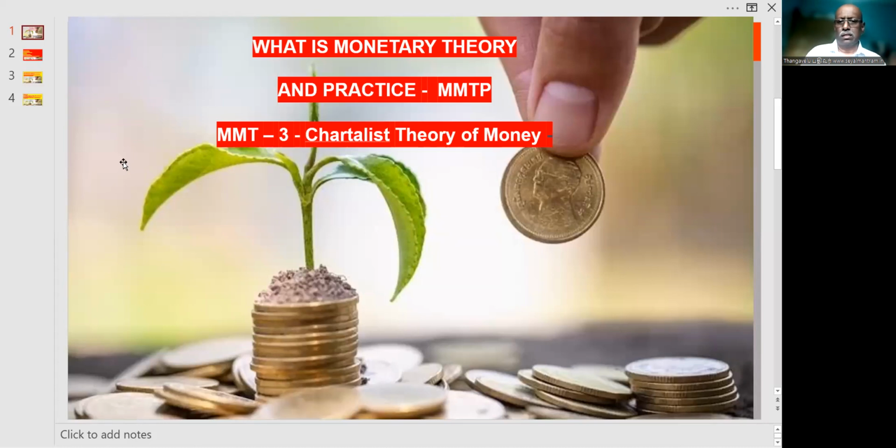We practice the theory of Chartalist money. We should practice it at a practical, updated level for our livelihood, from the top level people to the bottommost level.